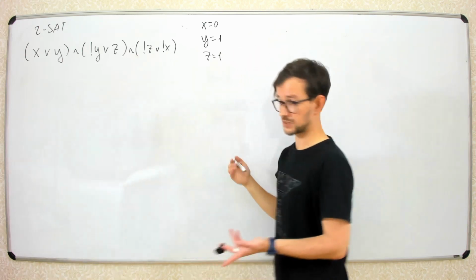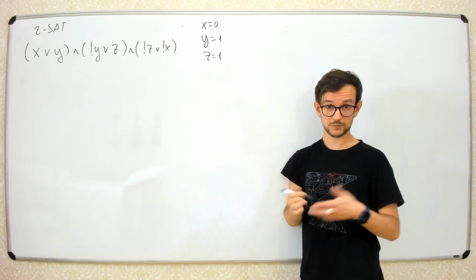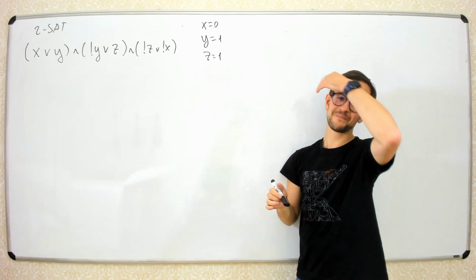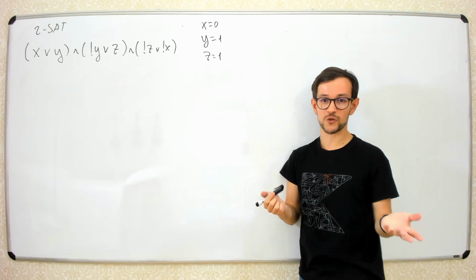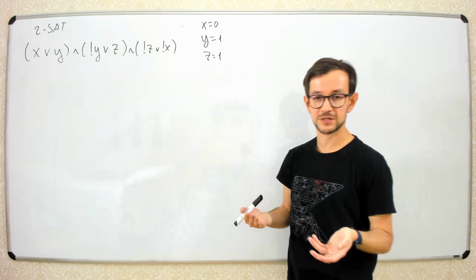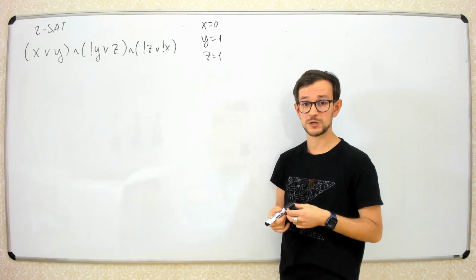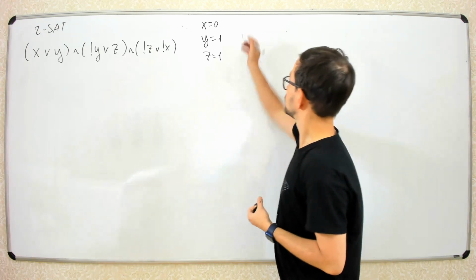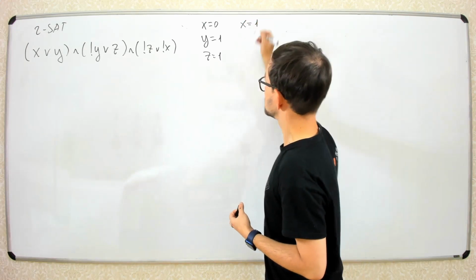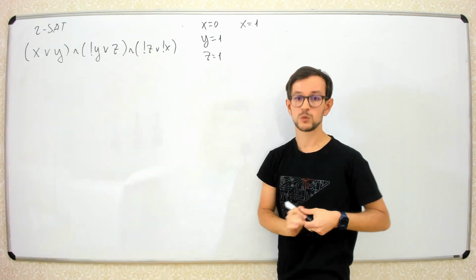So all the clauses are satisfied. That's all. Easy. Basically what happens, we just guessed the value for the first variable, and then everything is uniquely determined.